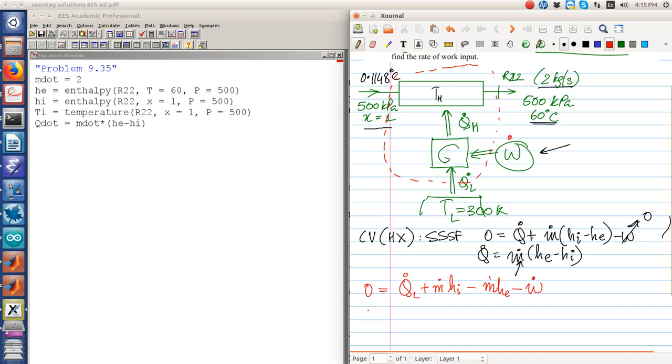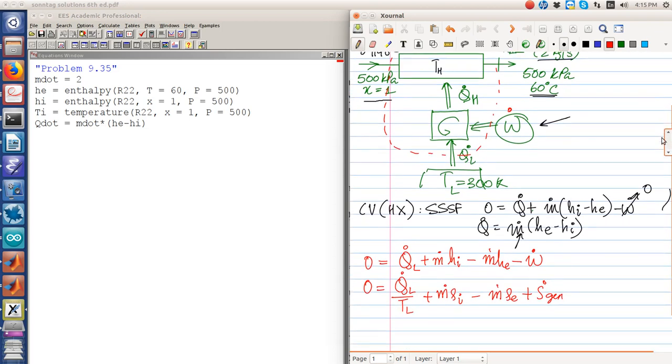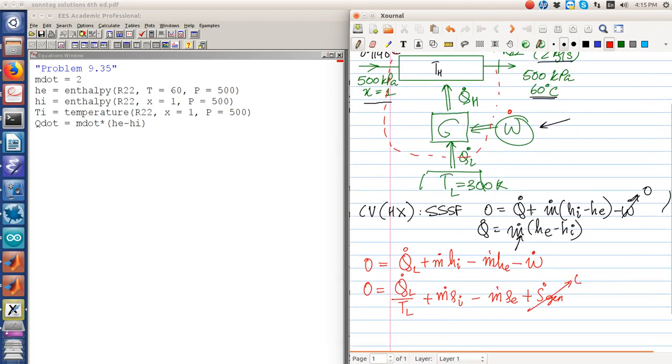If I write down the second law, 0 equal to Q dot L by TL plus M dot SI minus M dot SE plus S gen dot. But if I assume the process is reversible, then S gen dot is equal to 0. Thus I can relate QL and SI and SE.